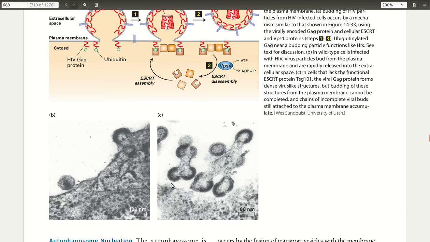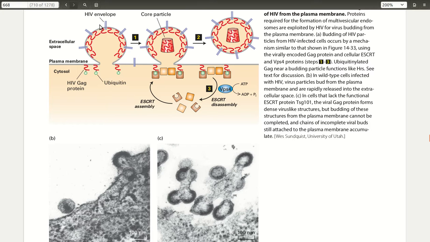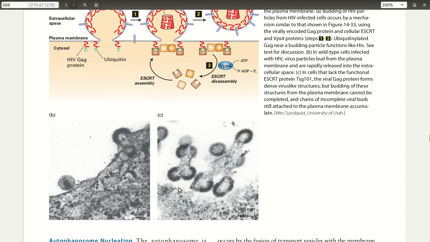And in cells with mutations in either the proteins that are part of this ESCRT assembly, or also the VPS4 protein, you have this situation where the HIV envelopes will form on the surface of the cell, but they will not completely bud off and become a particle. They form these chains of partially completed viruses that are non-functional.